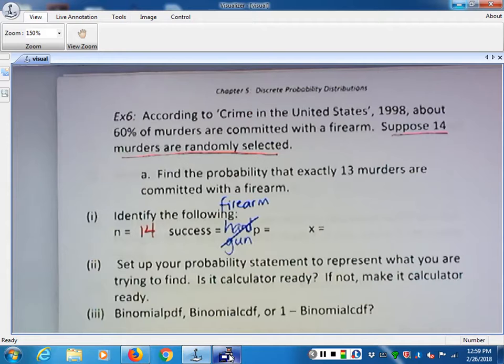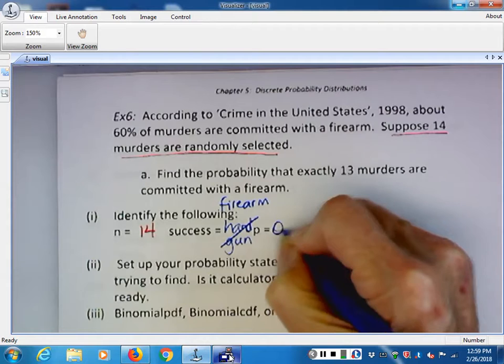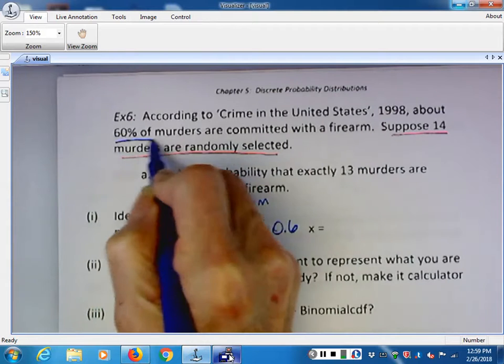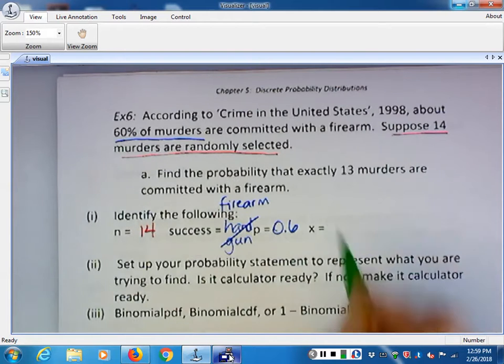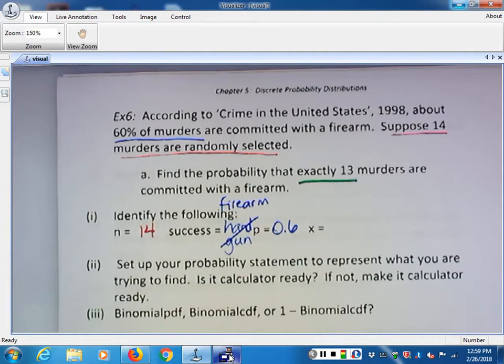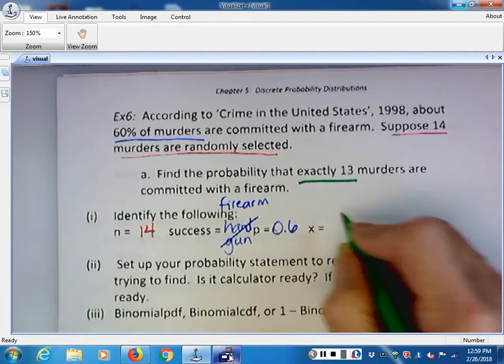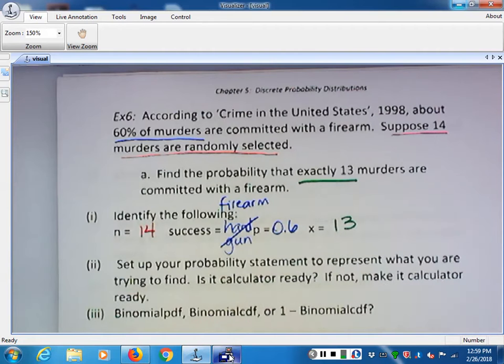P is the probability that the murder was committed with a firearm. What is P? 0.6. Okay? And the one that we're looking at says exactly 13. X equals 13.